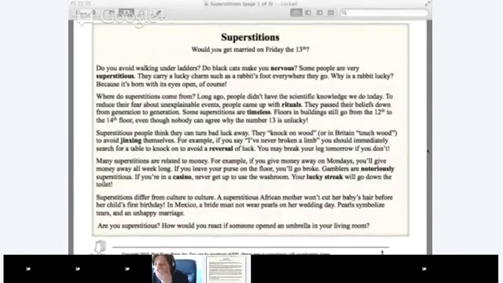So if we take a look at the paragraph, we see it's used in the article. It's in the fourth paragraph. And it says, gamblers are notoriously superstitious. So gamblers are known for being superstitious. All right.